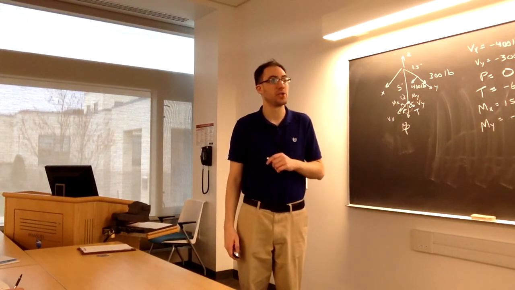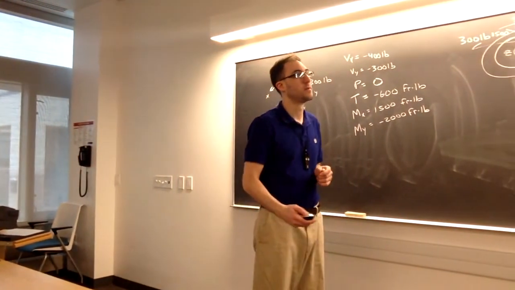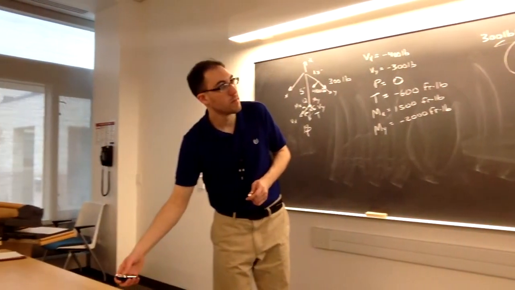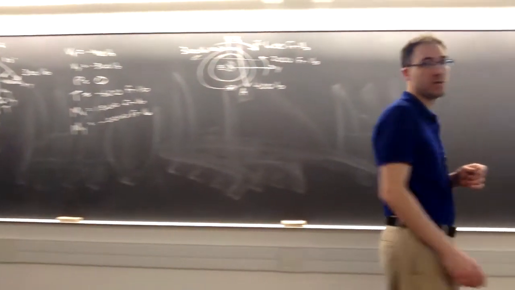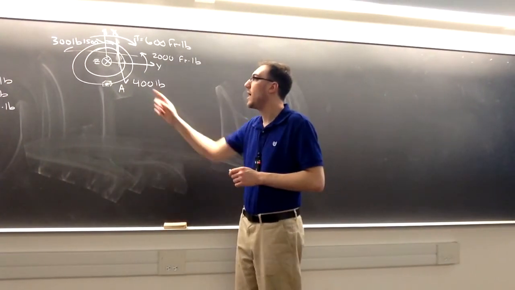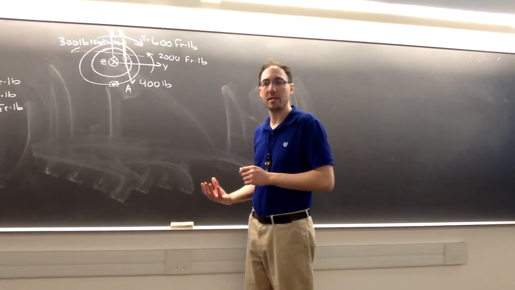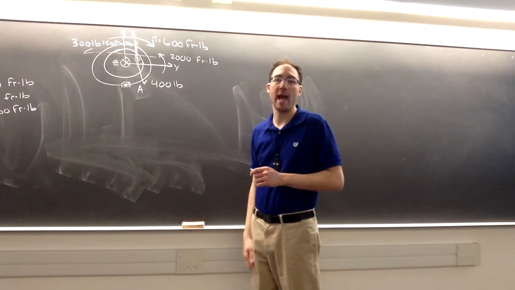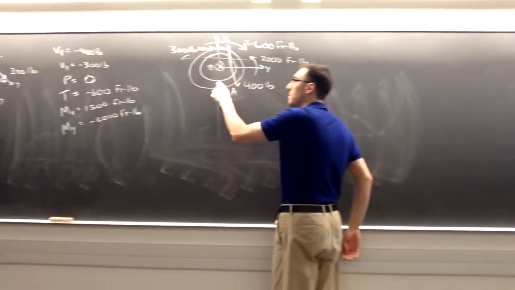Let's look at shear stress caused by internal shear forces. In this case, we have two internal shear forces, the 300 pounds and the 400 pounds, and both of them can potentially cause a shear stress at point A. However, here, right, so A is at the bottom.